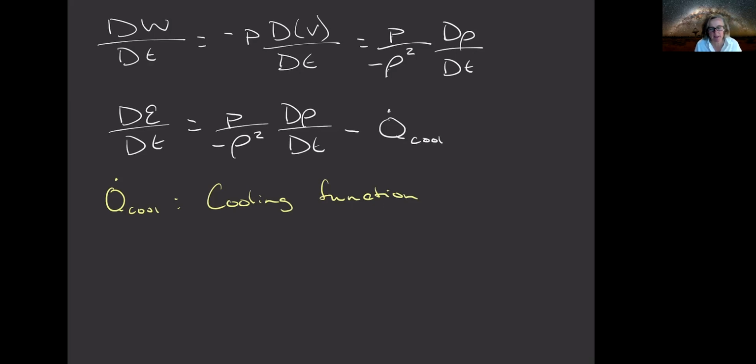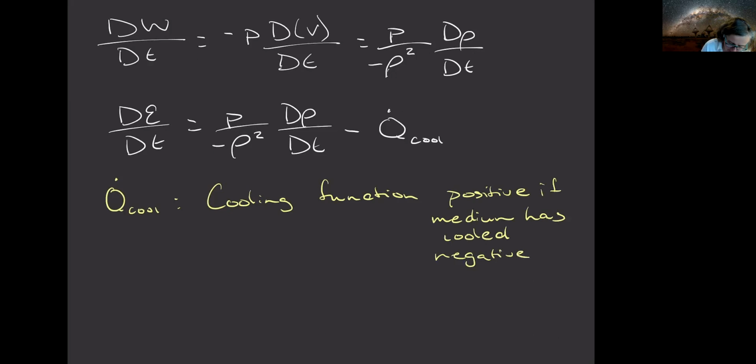So what happens and how much energy is lost or gained through some astrophysical process, and we determine it in terms of a cooling function. So it's a cooling function, and that's positive if the medium has cooled. And clearly, it's negative if the opposite is true, and the medium has warmed.